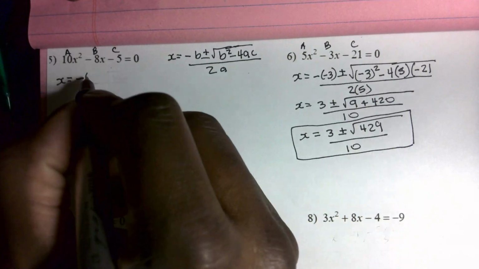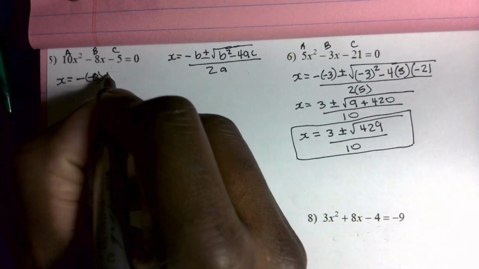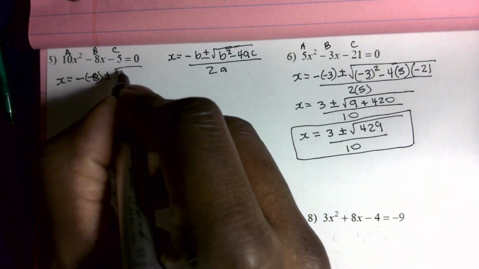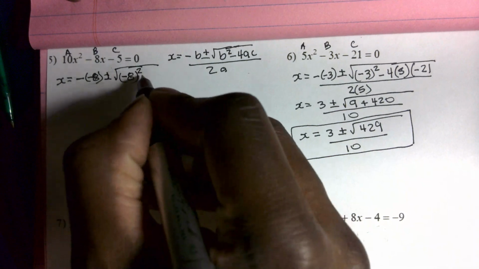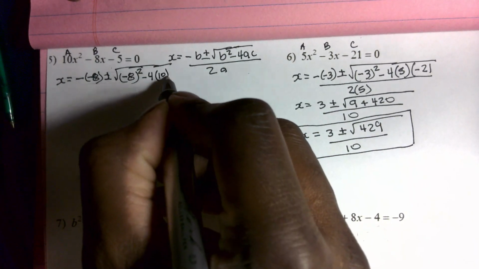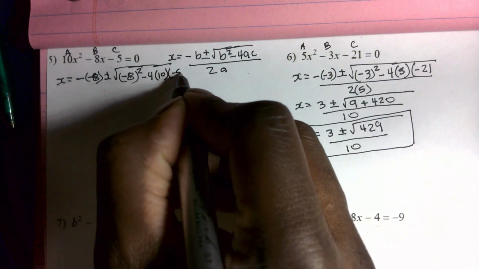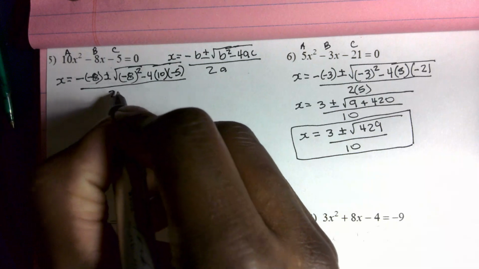So x equals negative b, which is negative 8, plus or minus the square root of negative 8 squared minus 4 times 10 times negative 5, all over 2 times 10.